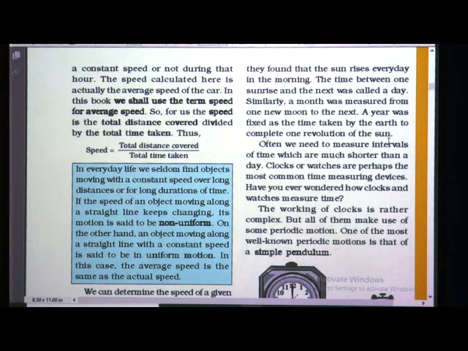So they decided that the earth takes a particular time to revolve around the sun, and in between there are some seasons they can experience. Whenever there is a repetition of these seasons, they started a new year.